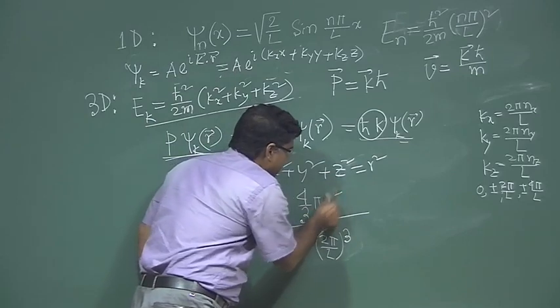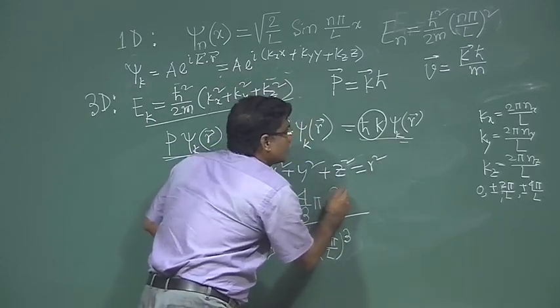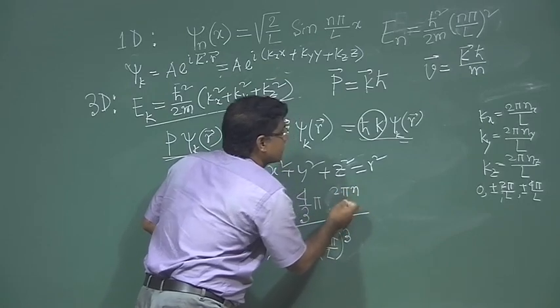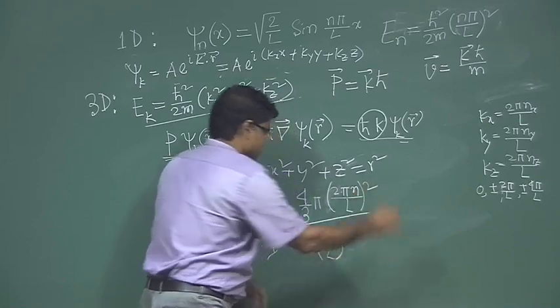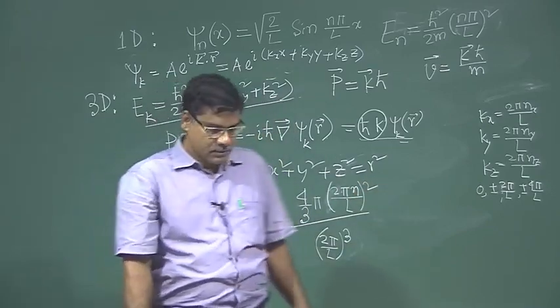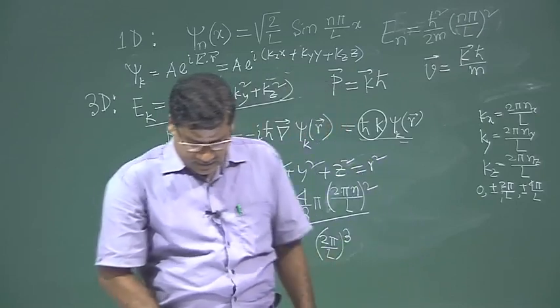So, this k square I can replace by (2 pi n by L) square.